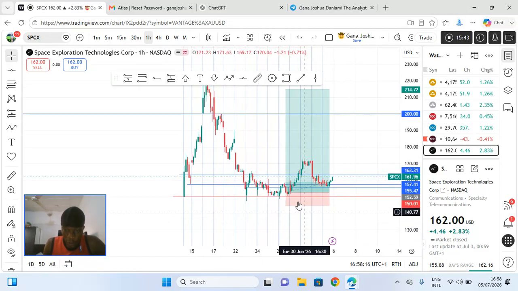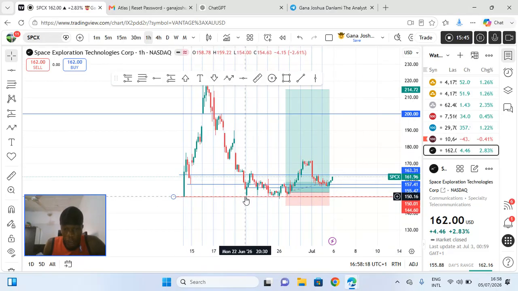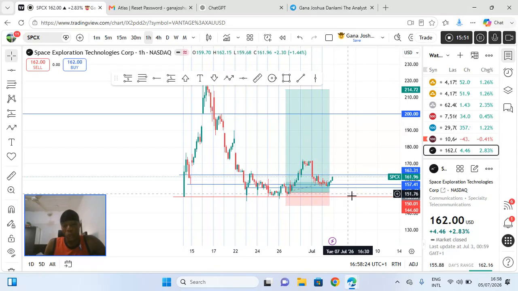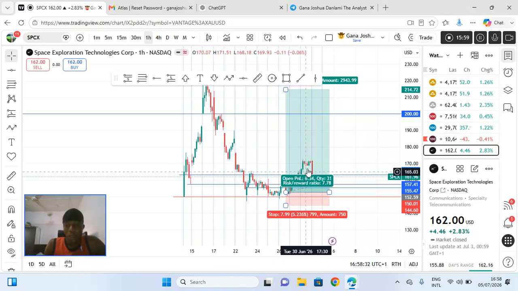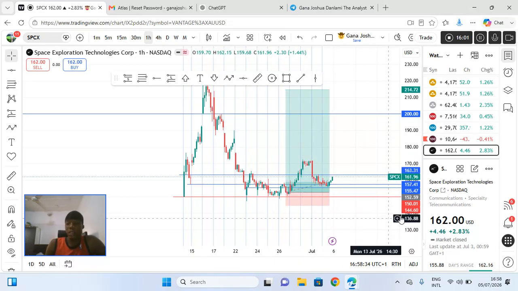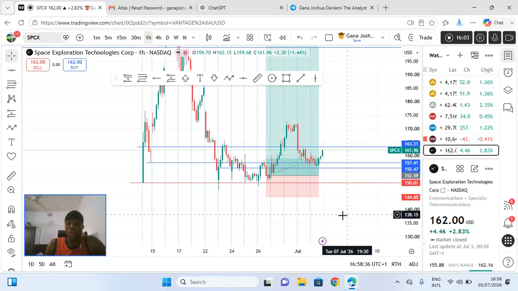But then price came back to the level it launched, which was around $153 a share. And we said it was a good point to buy because that was the support from last week. And look how it respected that zone. And now it's back to retest and continuation to the upside.